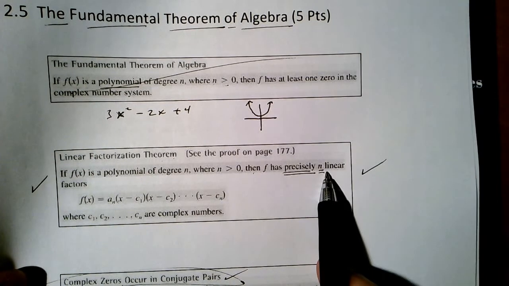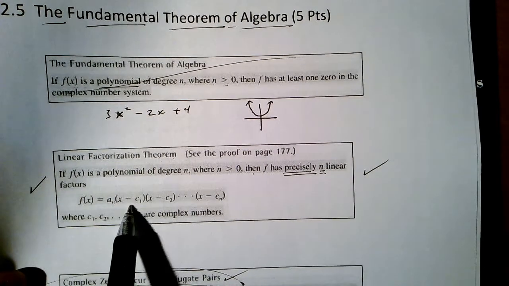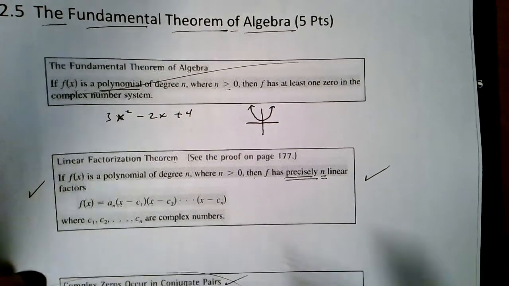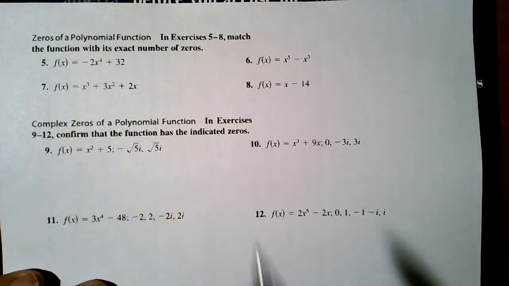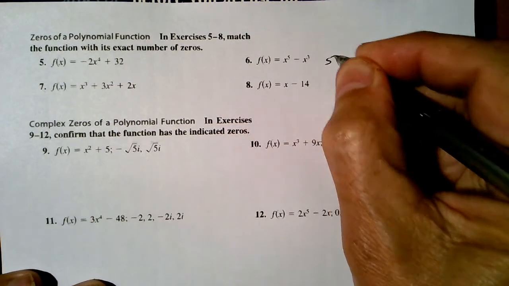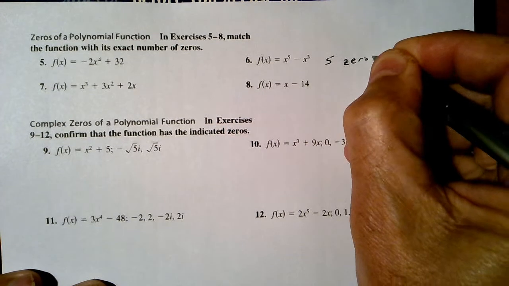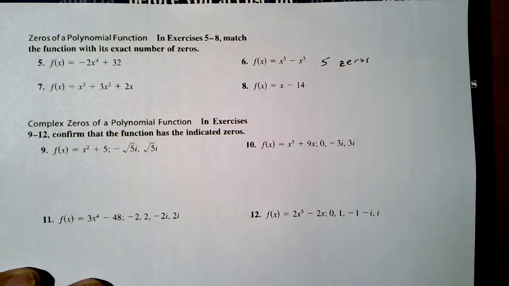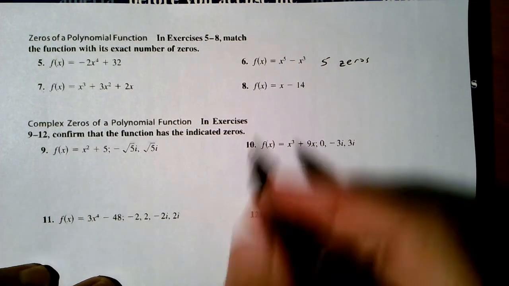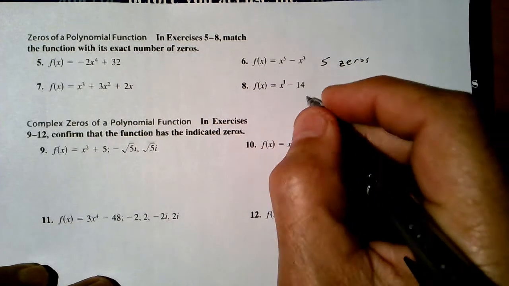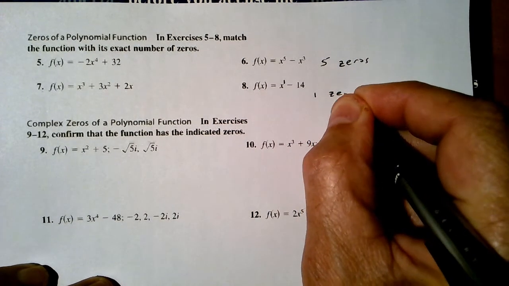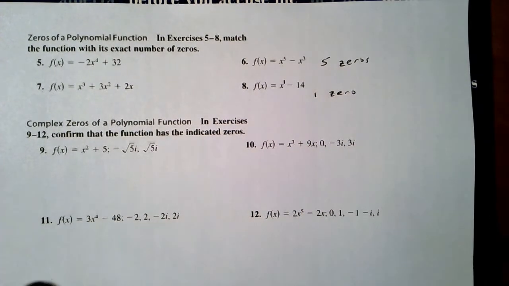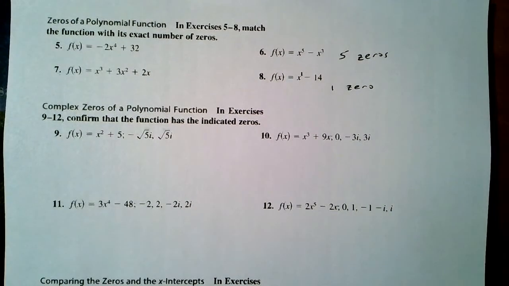It has exactly n linear factors, and every one of those linear factors would be a zero. So 5 zeros. We may not know what they are at this time, but that's not what it's asking. X minus 14 is x to the first, 1 zero. Okay, that's just emphasizing we understand the linear factorization theorem.